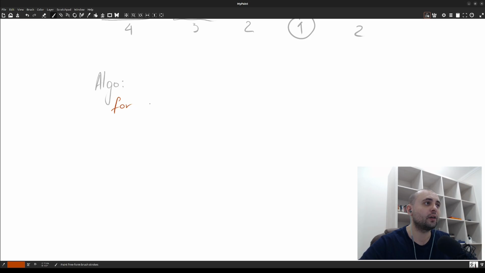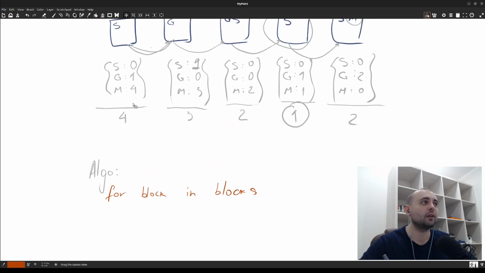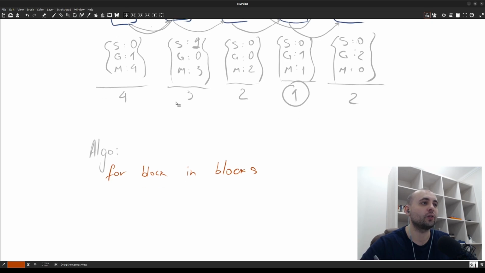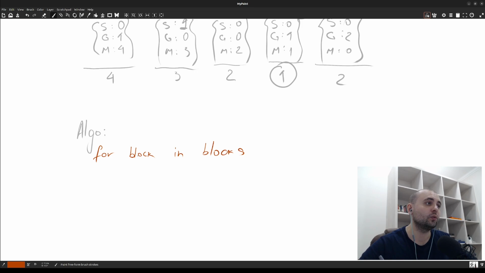So for each block, I guess we'll write down our blocks in the list of blocks. So assuming we have our blocks, we need to compute the solution. So for each block, what we did in our problem, we computed a solution. So I guess what we'll do is write a function, and we can abstract it. Maybe it's compute solution.